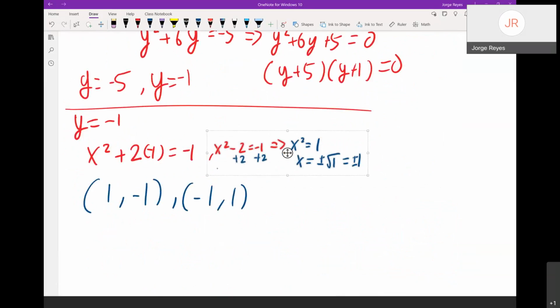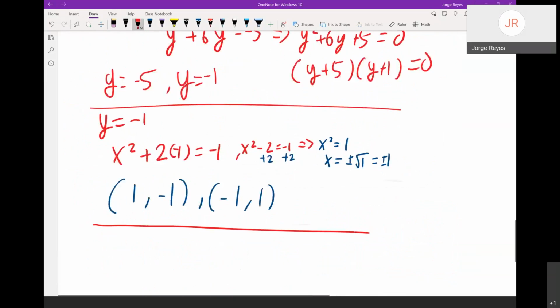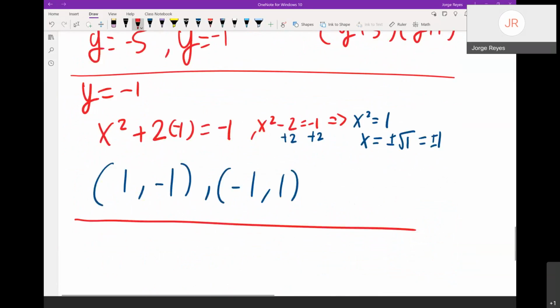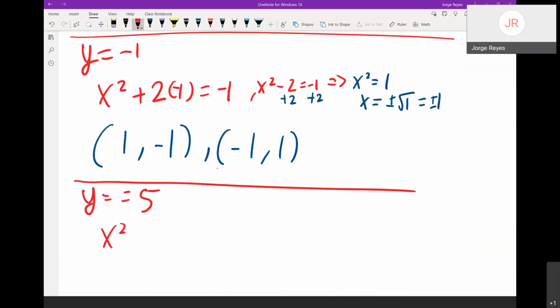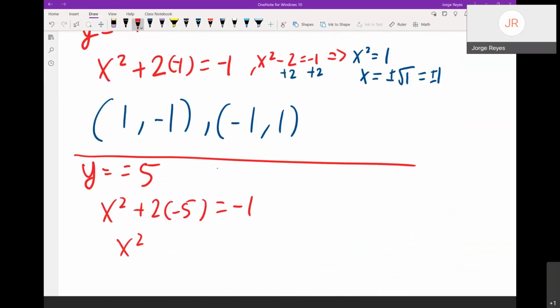All right. Now, you just do this all over again. So plug in y equals -5. So x squared plus 2 times -5 equals -1. x squared minus 10 equals -1. This time, add 10 to both sides correctly. So then I'm going to get 9. And then you're going to get plus or minus 3.